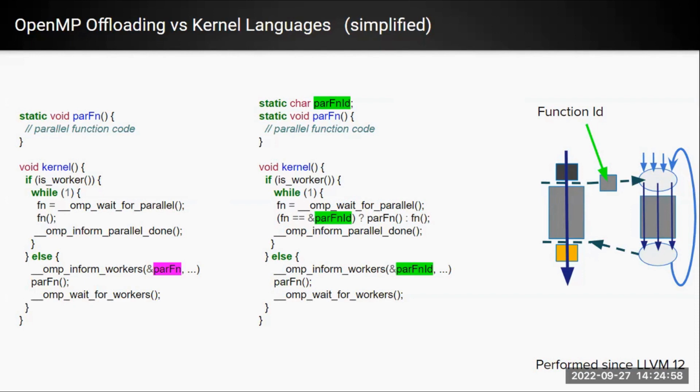So you can only do this if you know the parallel function and you can rewrite every use. Then instead of just passing the function pointer, we pass this ID. And then here we check if it is that ID, then we call par func directly. And if not, we assume it's a function pointer, because it has to be, otherwise we're screwed. So we'll call that function pointer.